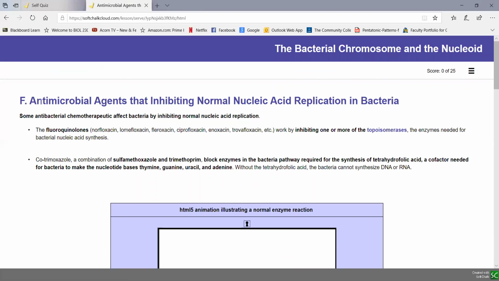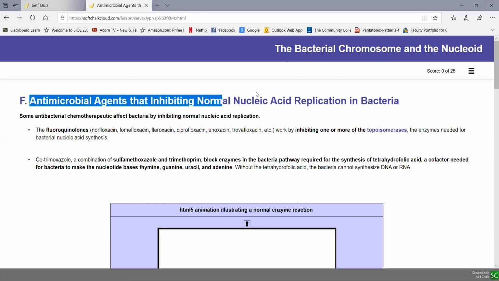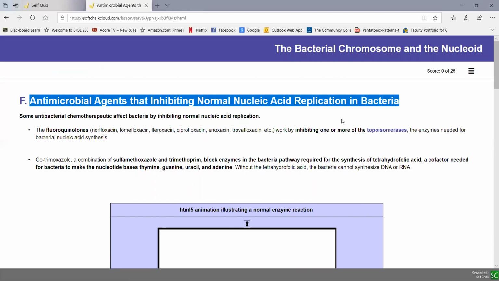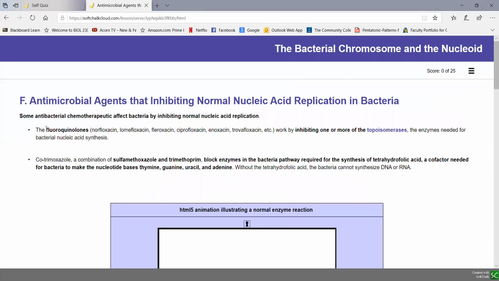Now, there's also some antimicrobial agents we use that inhibit nucleic acid replication in bacteria. And we're going to talk about these more in Unit 2 when we get to control of bacteria, but to introduce that concept, the two groups that we're going to talk about primarily are a group of antibiotics called fluoroquinolones. These are antibiotics that have an oxacin or a floxacin in their name.